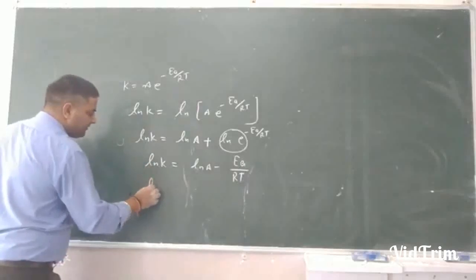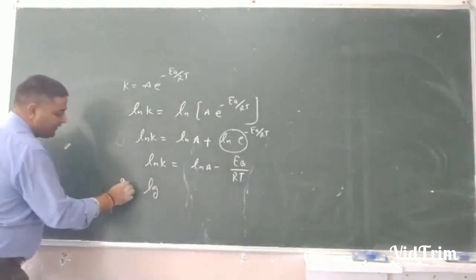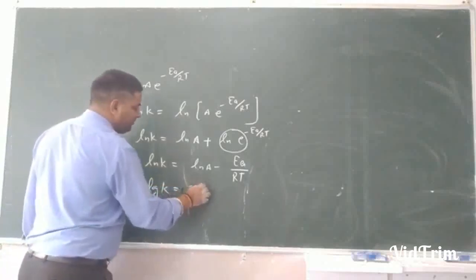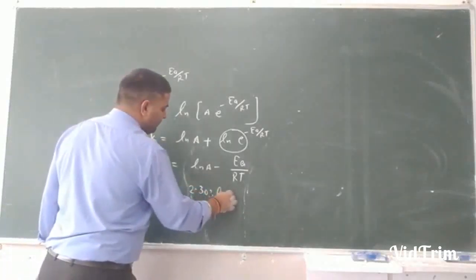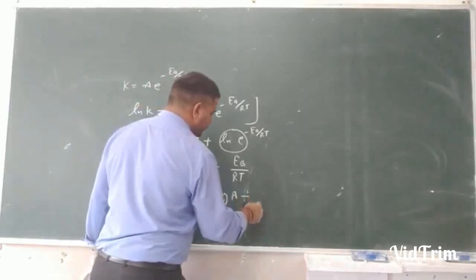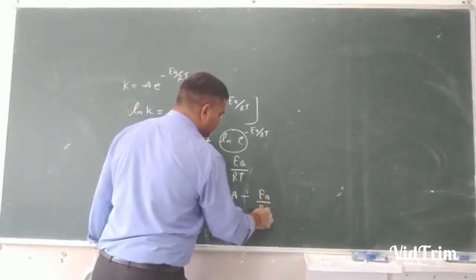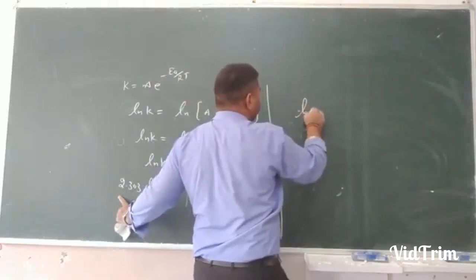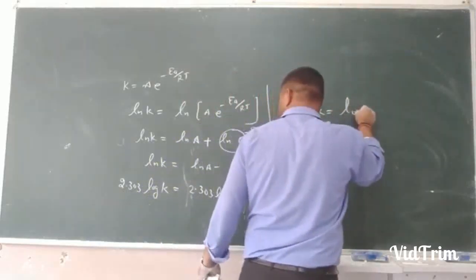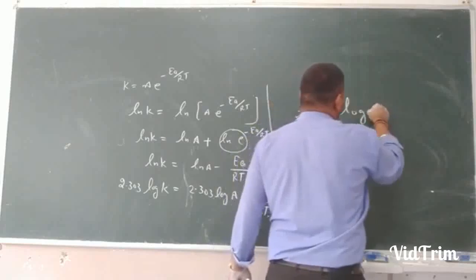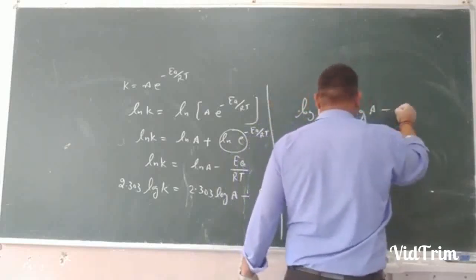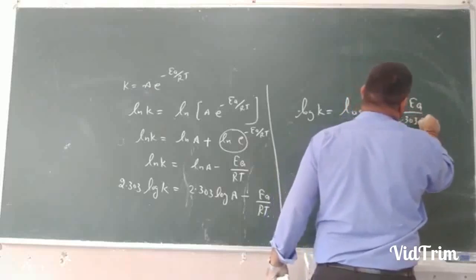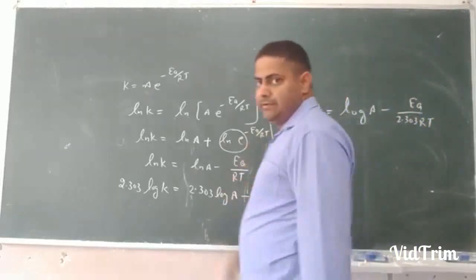Change natural logarithm to simple log: 2.303 log k = 2.303 log A - Ea/RT. So this equation changes now: log k = log A - Ea/(2.303 RT).